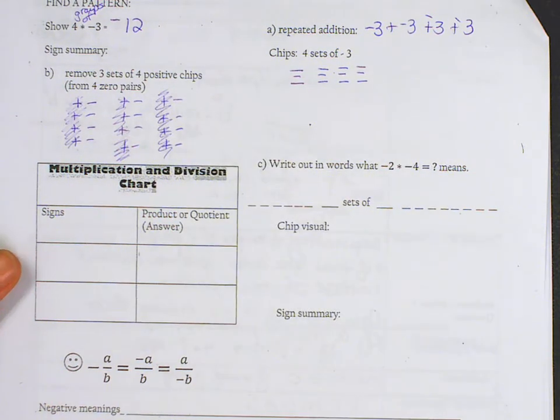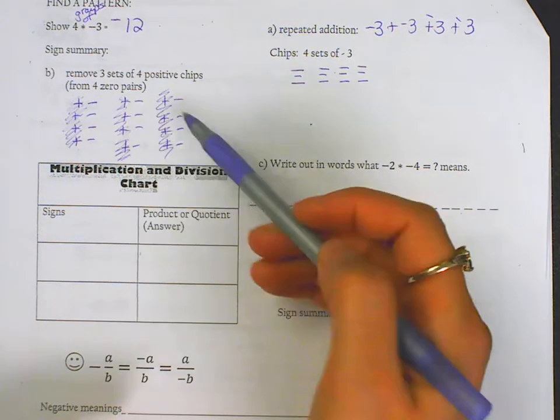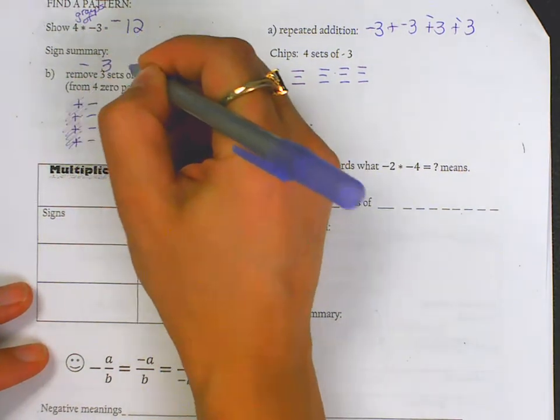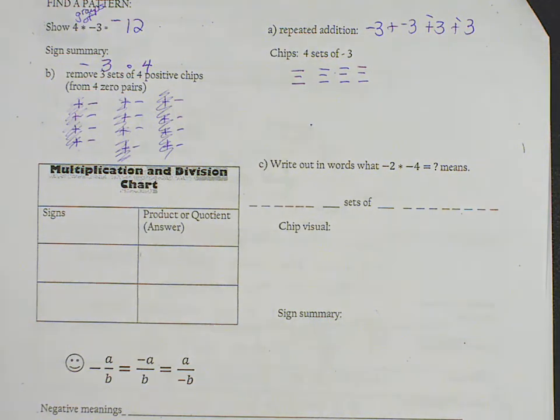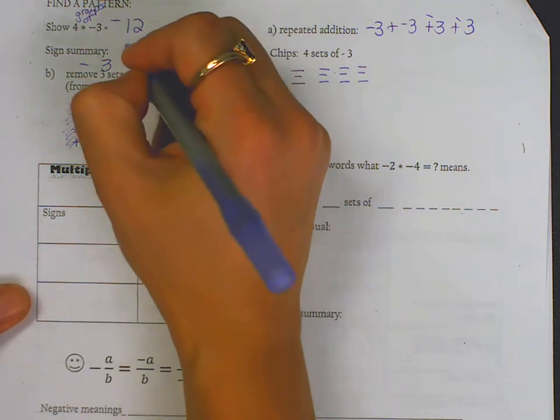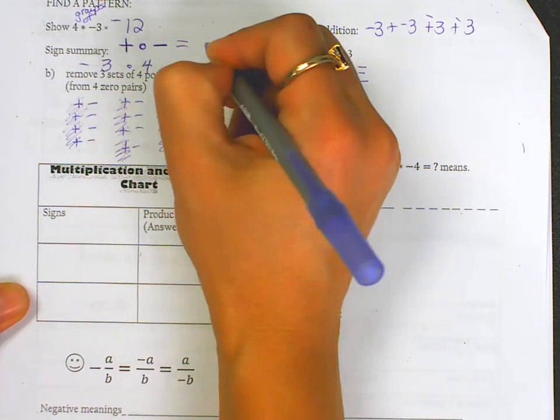And I can see what's left over is still 12 negatives. So basically, in this problem, I did it forwards and backwards: I did 4 times -3, and I did -3 times 4, because they both come out the same answer since multiplication is commutative. I basically multiplied a positive with a negative and I got a negative answer.